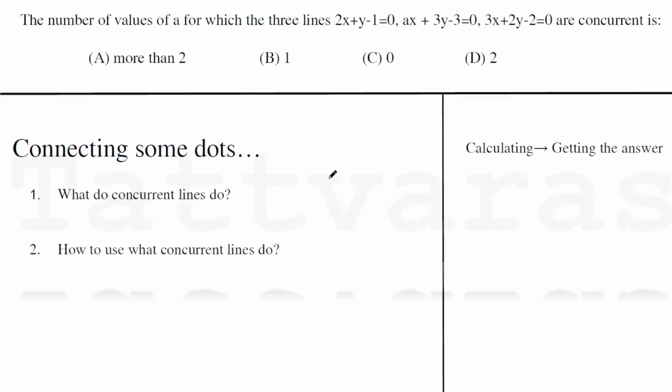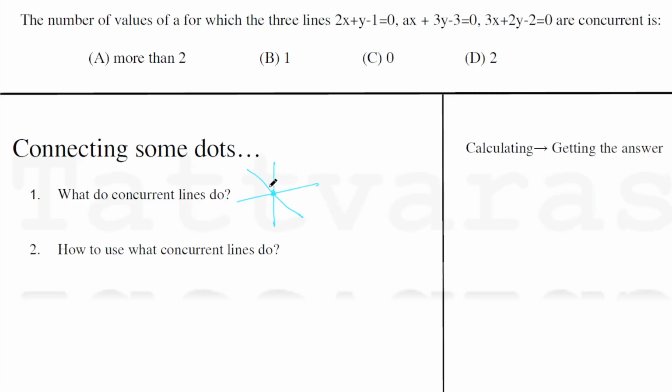First, we have to connect some dots. First question being, what are concurrent lines? So, like, how do I perceive them? What do they actually do? So, when say lines are somewhat like this, as in they seem to emerge from a common point, their intersection is a point, then they are said to be concurrent.